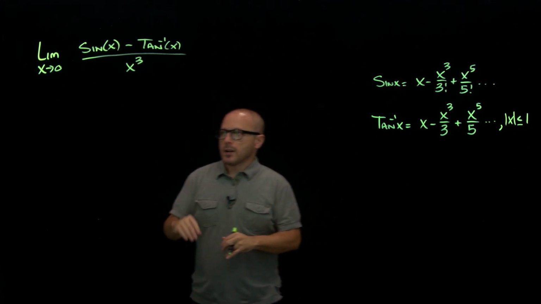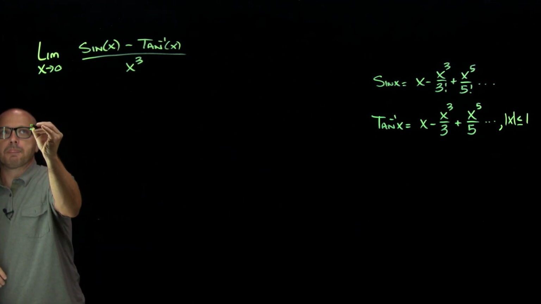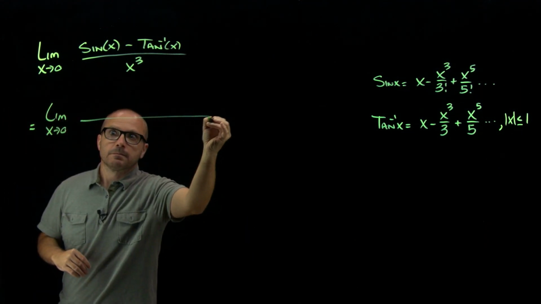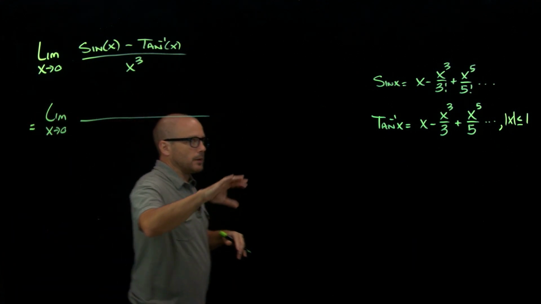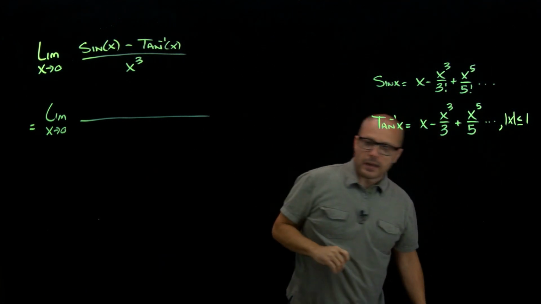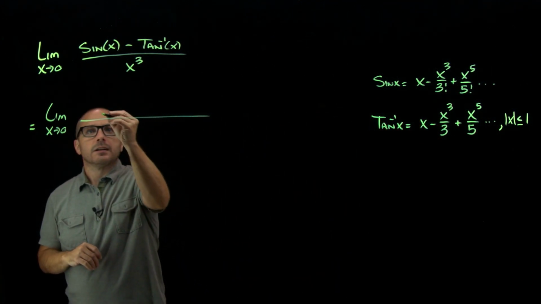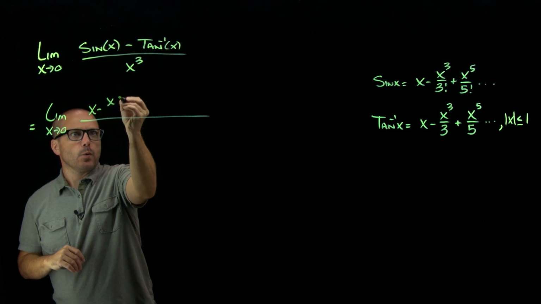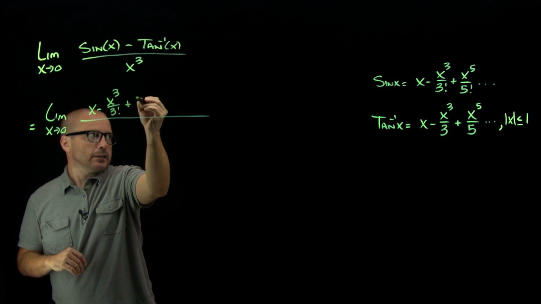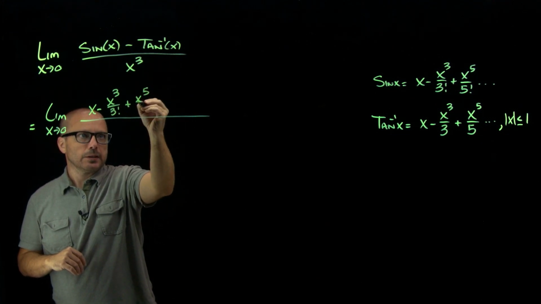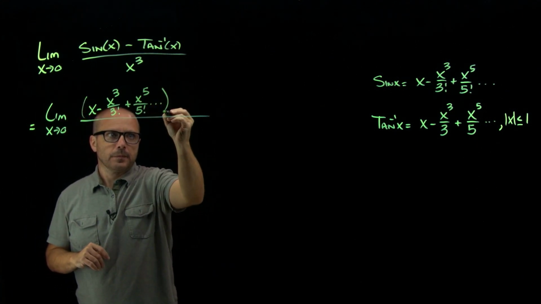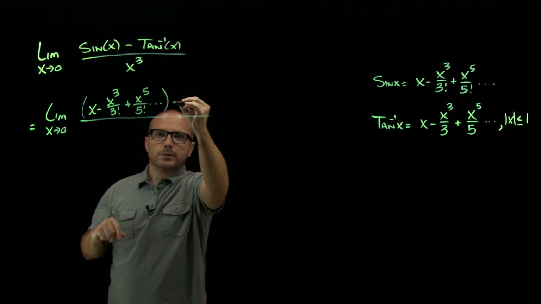OK, so what I want to do is write this expression now by replacing those guys with their series. And I know it's equal. This is not an approximation. Sine equals that. Tan inverse equals that, so long as we're in that interval, which we are. And I think when you're working these, I would work with just writing out some terms and using the ellipsis, because sigma notation can sometimes be difficult to think about when you're trying to see how these two interact with each other.